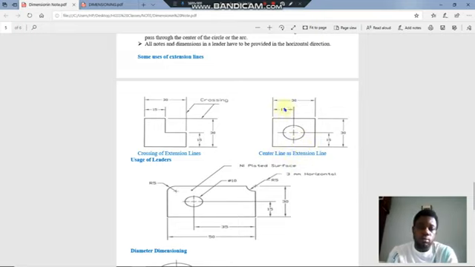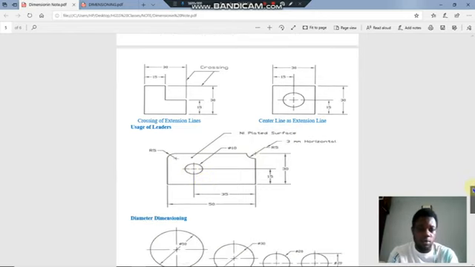For diameter, radius, fillet and chamfer, this is how they are dimensioned. So these are how circles are dimensioned. I think I have another diagram that will explain it further.